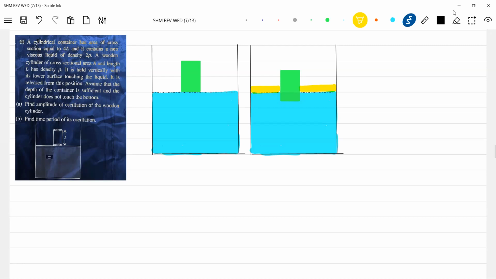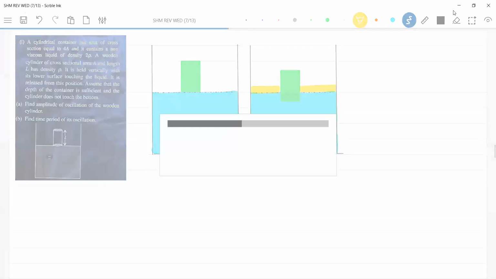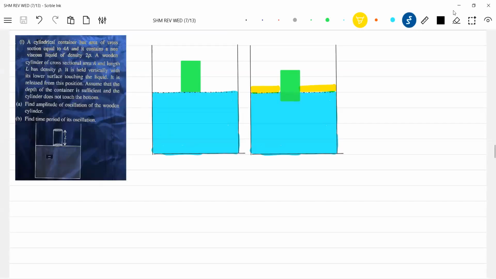What is that yellow color? Change in level of liquid. Sir, but in most of the problems we didn't consider this. Here the area of cross section of the container is not very much greater than that of the block. So how much has it entered? Some X length, some Y length.